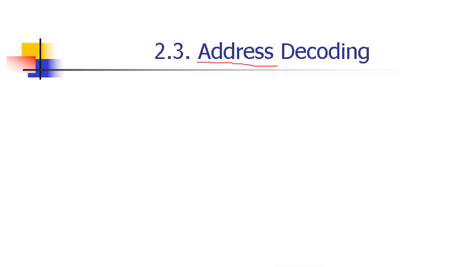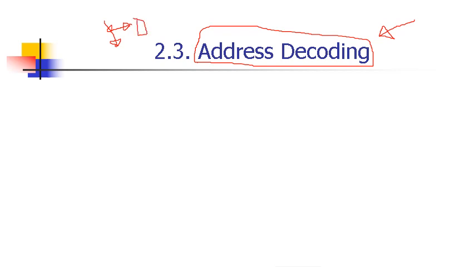Now, address decoding. What do we mean by address decoding, and why do we need to decode the address? This is for two main purposes. First, if your microprocessor-based system is to communicate with more than one memory chip, and this is always the case, we have to provide an address and decode it to know exactly which memory chip we are talking to. Alright?